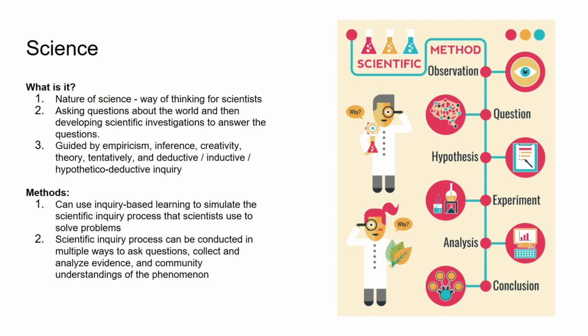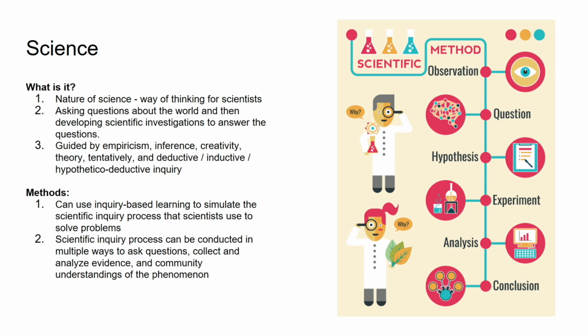For science, as we discussed, the nature of science is their way of knowing, their way of thinking, and they do this by asking questions about the world, and then they develop scientific investigations to answer those questions. And you'll see on the right-hand side there's a scientific method that demonstrates the steps that scientists would go through to do this.